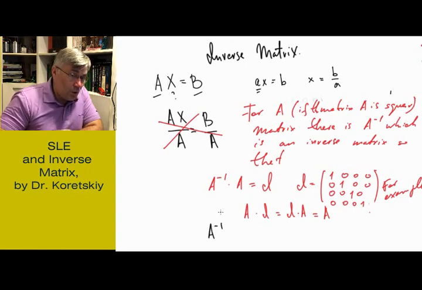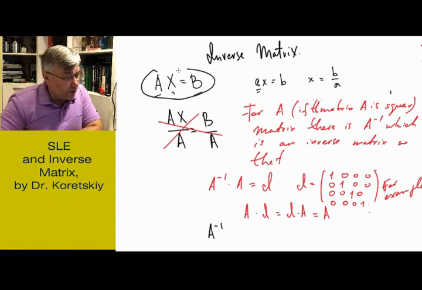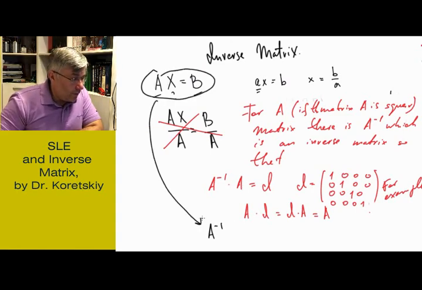If you multiply one side by something, you multiply the right side by the same thing. And this operation leads us to the identity matrix times x, which is still x, and it is equal to the inverse matrix times b on the right side.